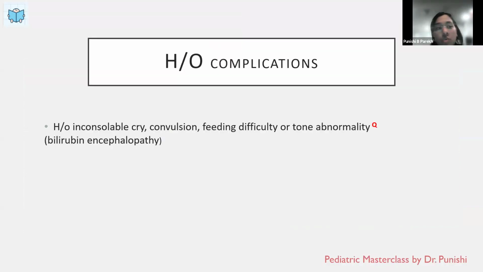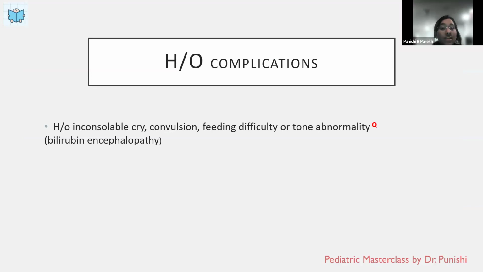Now, next question that you will ask will be with respect to complications. So we saw that the most dreadful complication of neonatal jaundice is acute bilirubin encephalopathy. Okay, so when that free bilirubin or the unconjugated bilirubin is able to cross the blood-brain barrier and get accumulated in the brain, it leads to neurological complications.